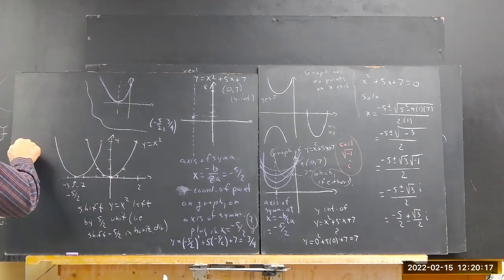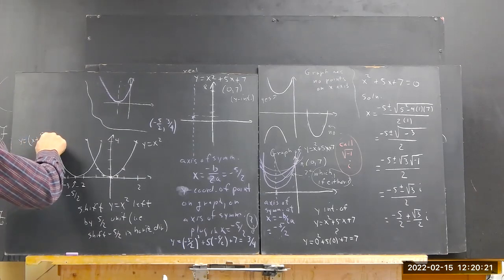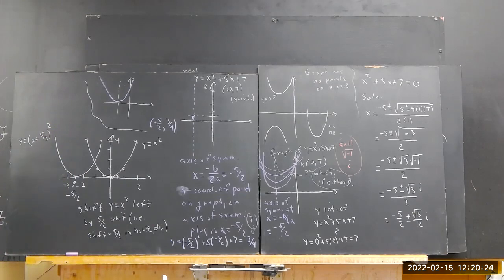So this is y equals x plus 5/2 squared. So that's what a horizontal shift does. Okay, transformation, stacking, first chapter.